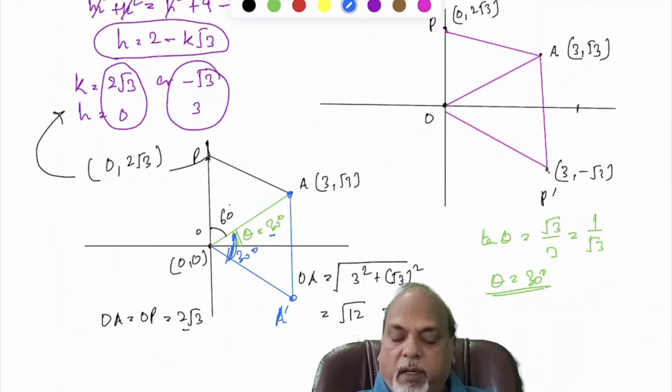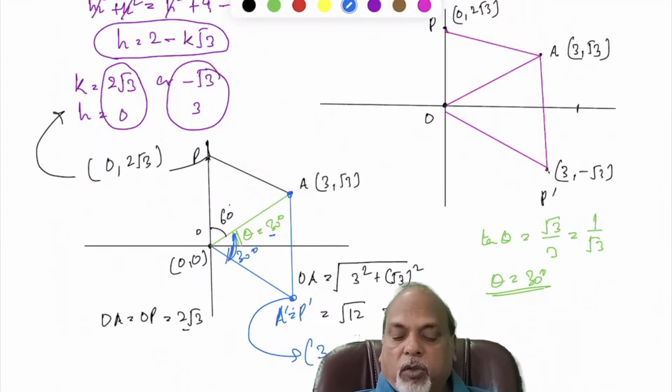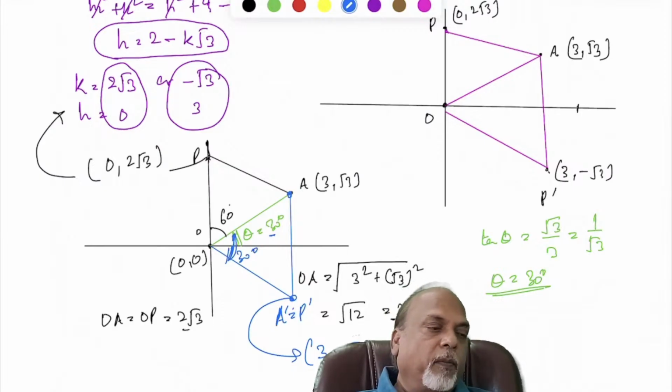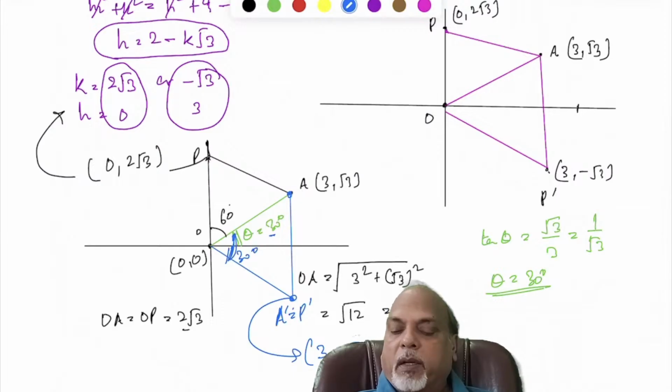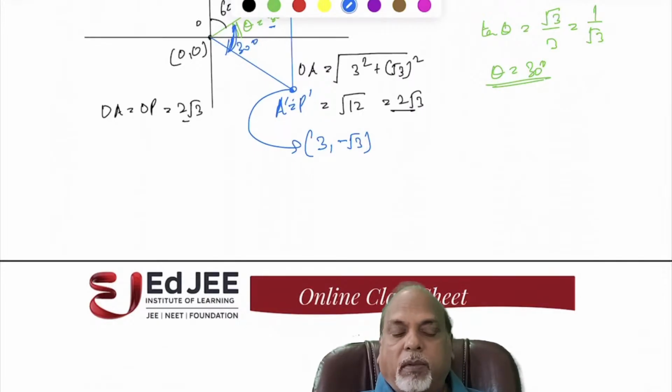It is just the mirror of A, and naturally what coordinate will it have? It will have 3 minus root 3 because y is below the x-axis. So either way you solve it, you will get the same answer. But this is basically, I'm telling you how to visualize the things. Correct? Okay. I hope you understood this problem.